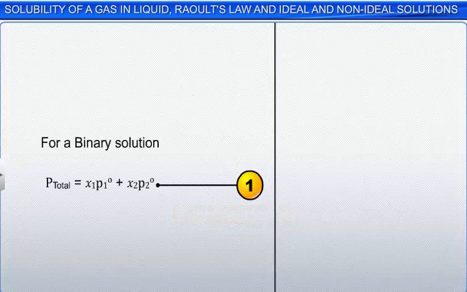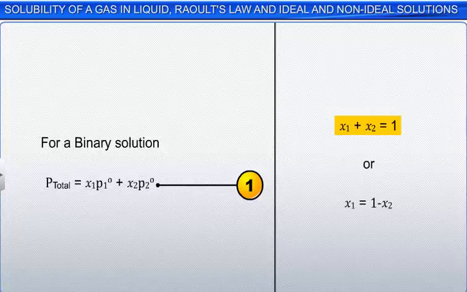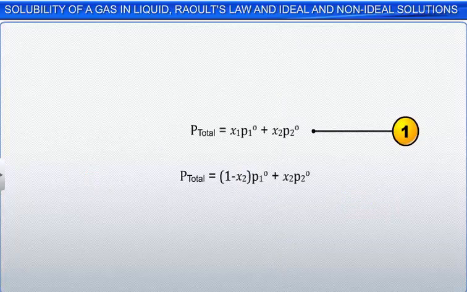Further, you know that for a binary solution, the sum of mole fractions x1 and x2 is equal to 1. Or, we can write x1 equal to 1 minus x2. Now, substituting for x1 in equation 1, we get P total is equal to (1 minus x2) P1 naught plus x2 P2 naught.